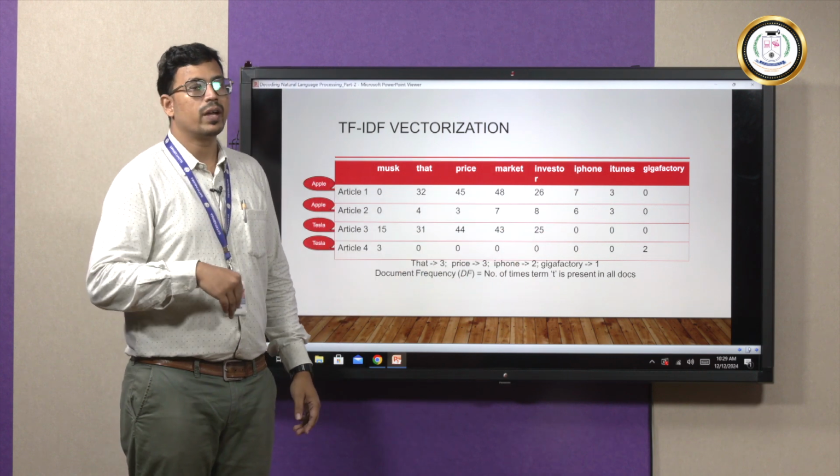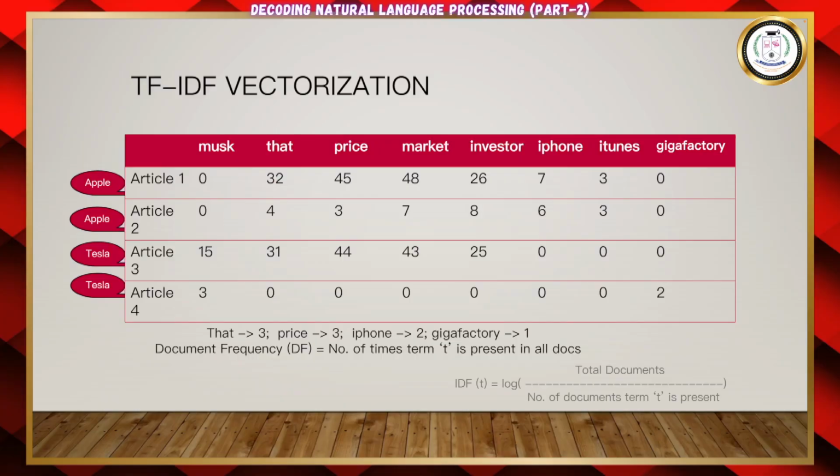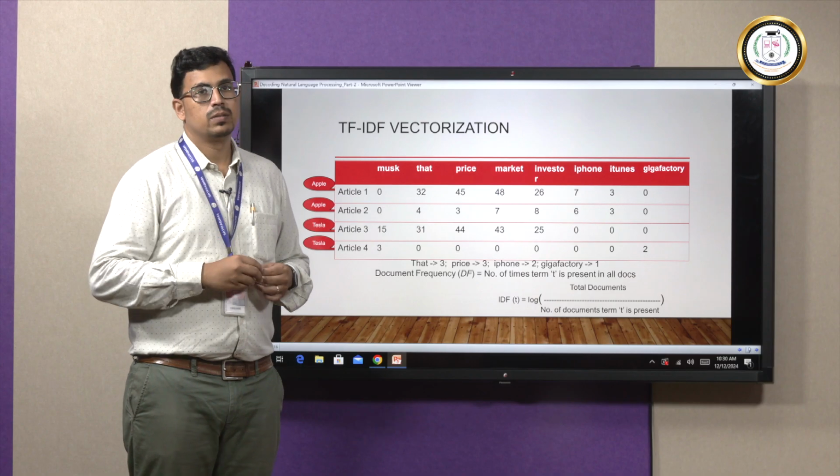Now how do we find the inverse document frequency? The equation for inverse document frequency is the logarithm of the total documents divided by the number of documents in which term T is present.